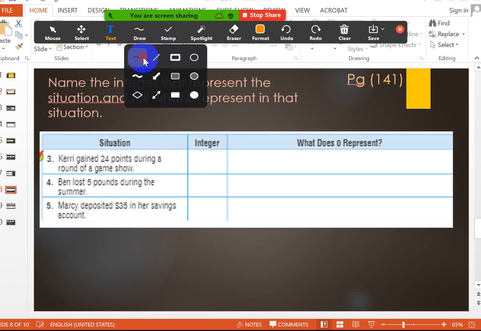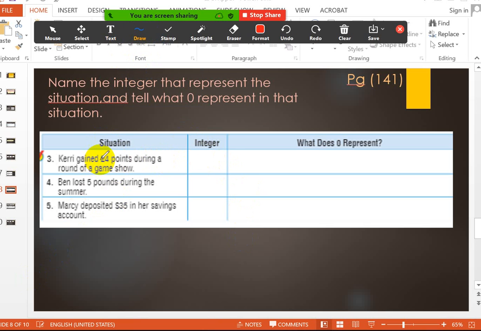This means I have to write here the value is 24. Gained means Carrie won 24 points or collected 24 points. That means plus, or that means positive. Okay, what does 0 represent here?